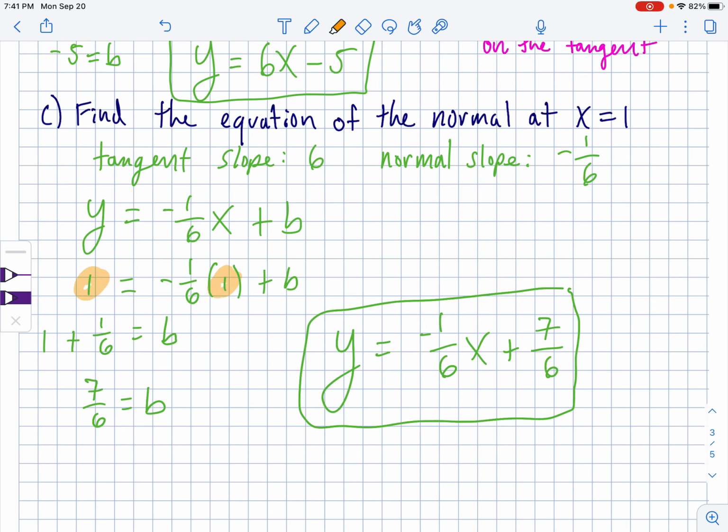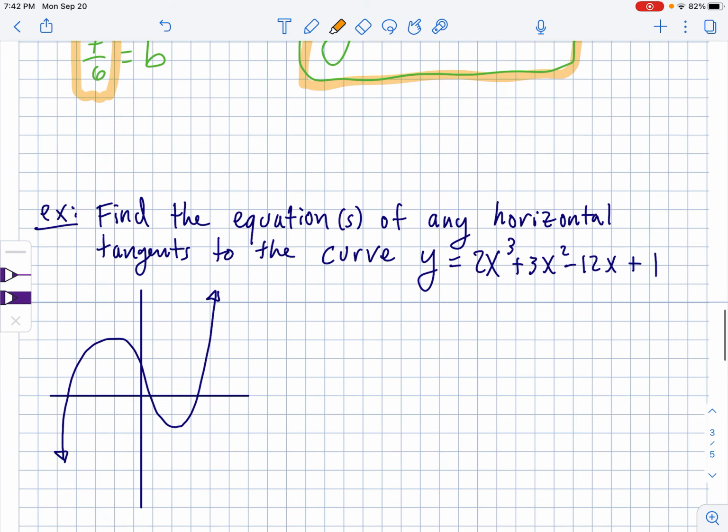So plug the 1, 1 into the y equals mx plus b. Then here, negative 1/6, you move it to the other side. So you get positive 1/6. Then you need a common denominator. So 6/6 plus 1/6 is 7/6. That's your y-intercept. Here's your final answer.